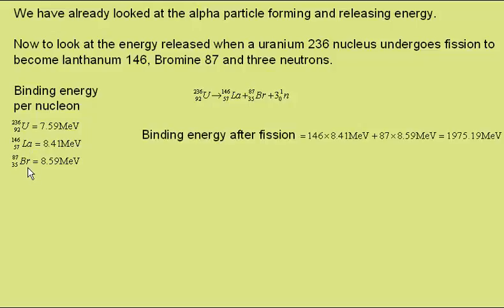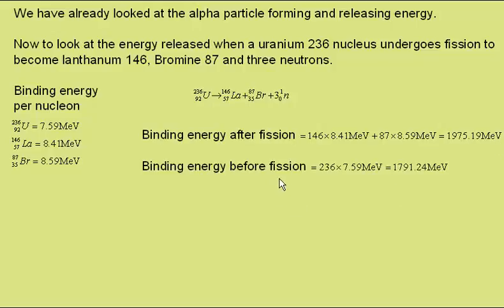So the binding energy after fission is equal to 146 nucleons multiplied by the binding energy of lanthanum plus 87 nucleons multiplied by the binding energy of bromine, giving a binding energy after fission of 1975.19 MeV.